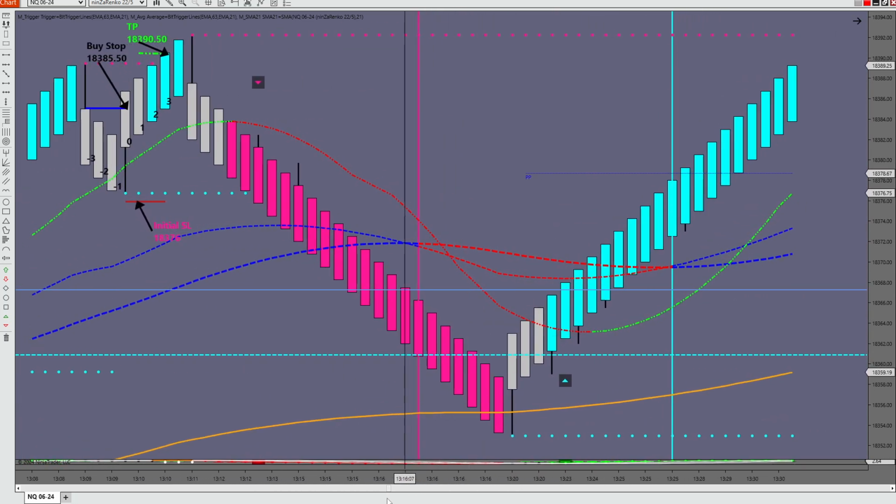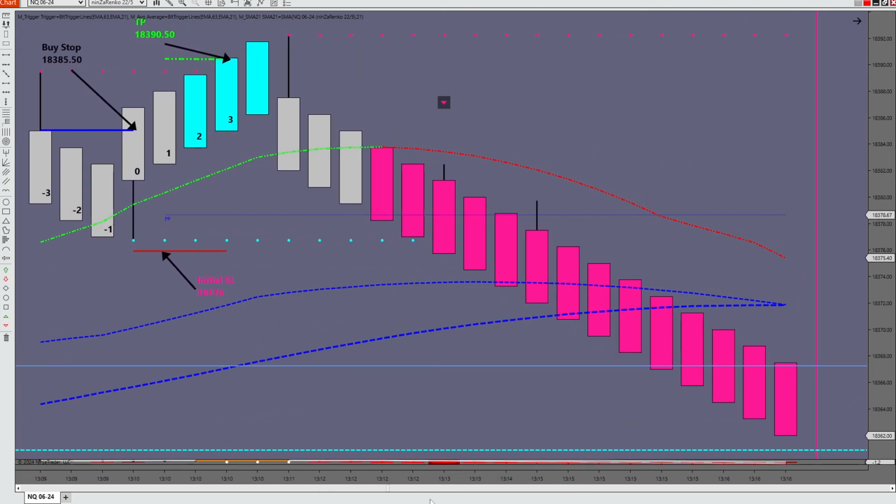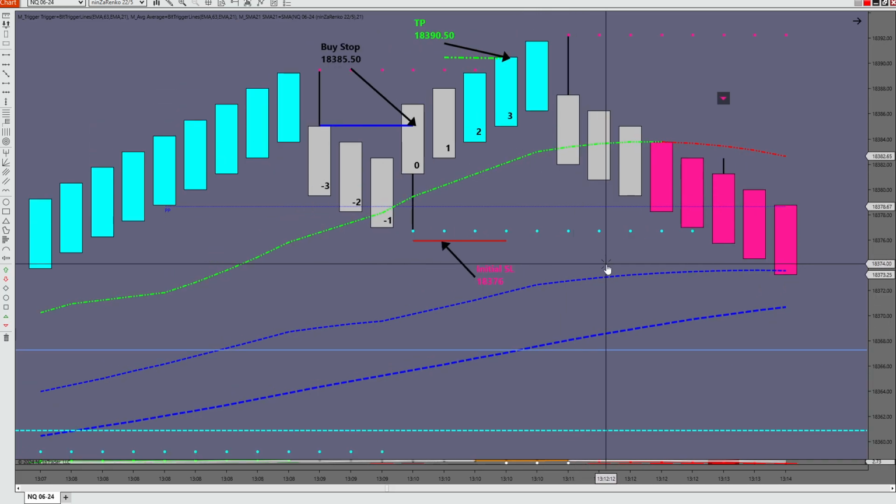So let's expand this out, dissect the 3 bar B4 jiggle. The 3 bar is easy enough. You come down, you don't know if this is going to be a 1 bar or not. It closes down. You don't know if it's going to be a 2 bar in reverse. So I'm trailing this thing all the way down. Now we make a 3 bar.